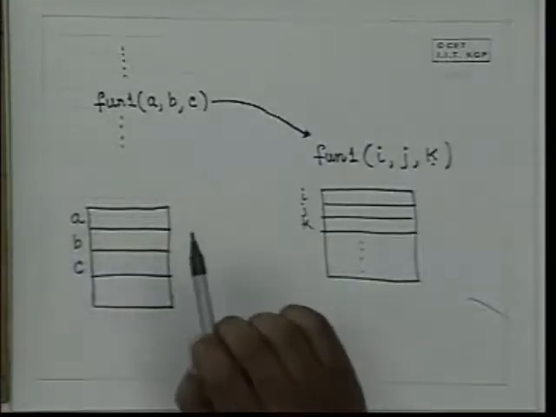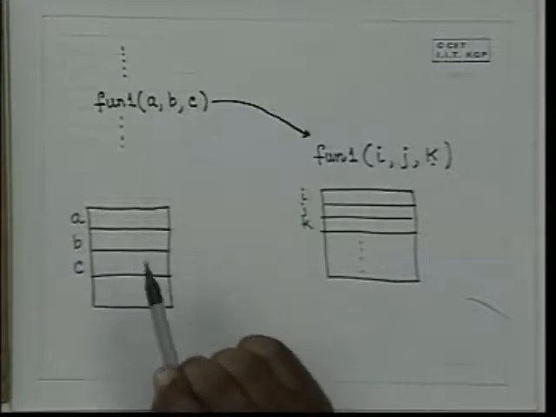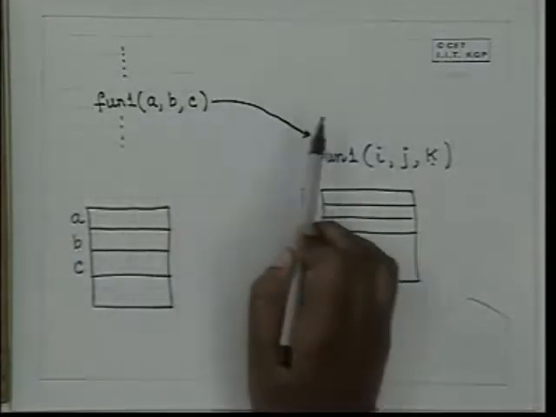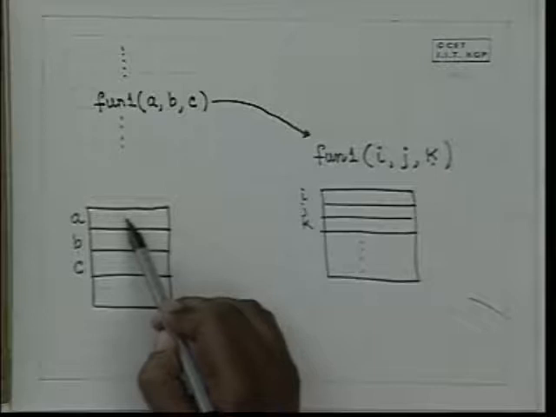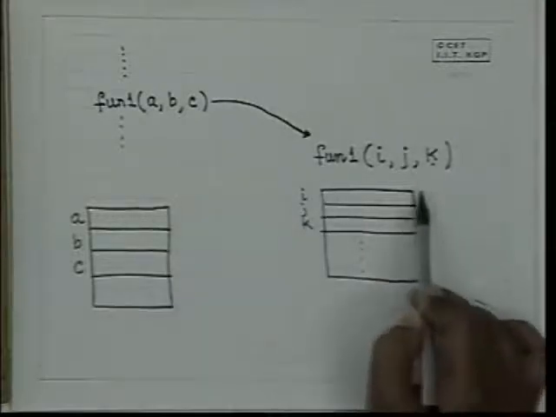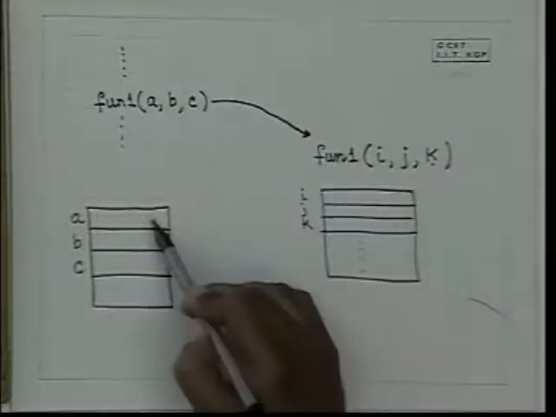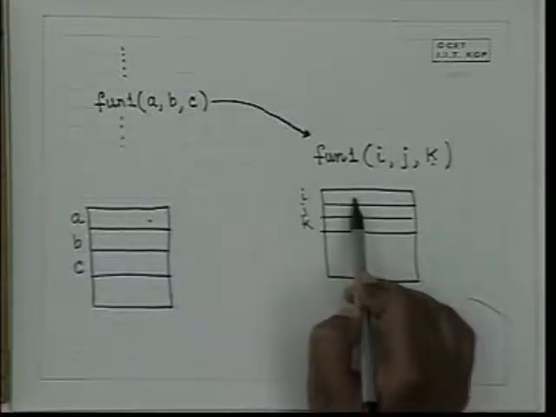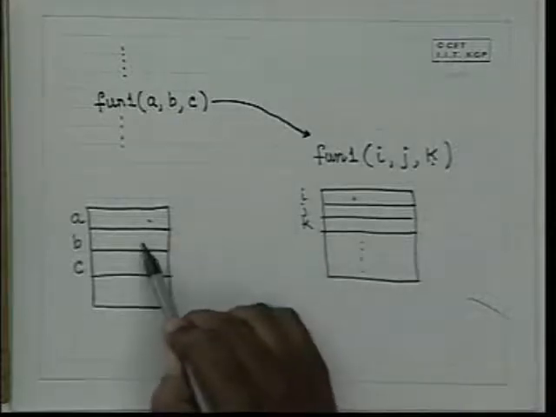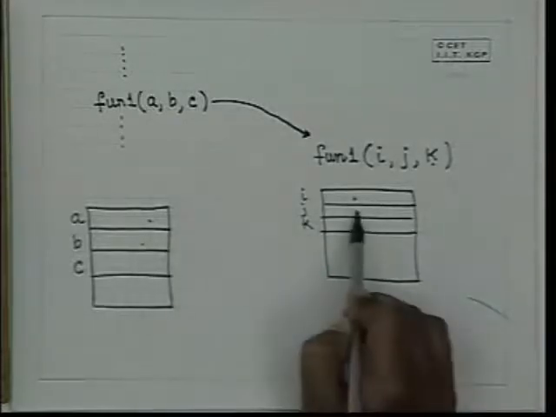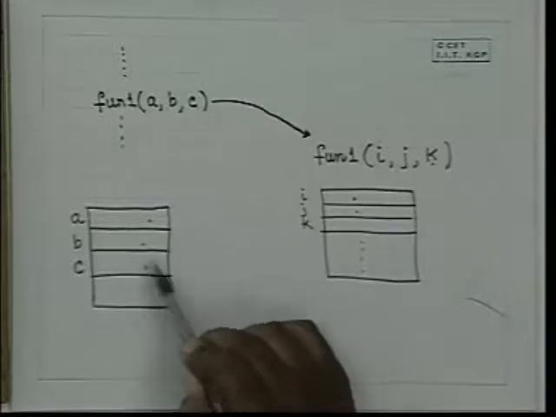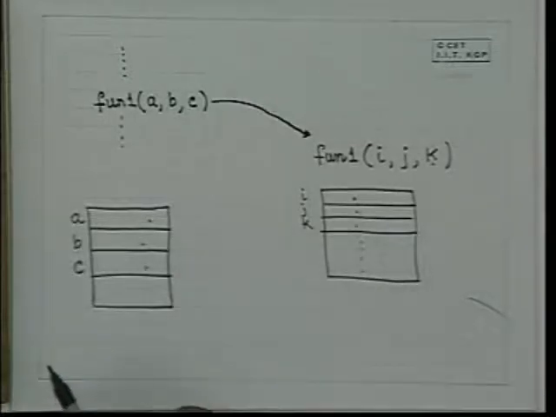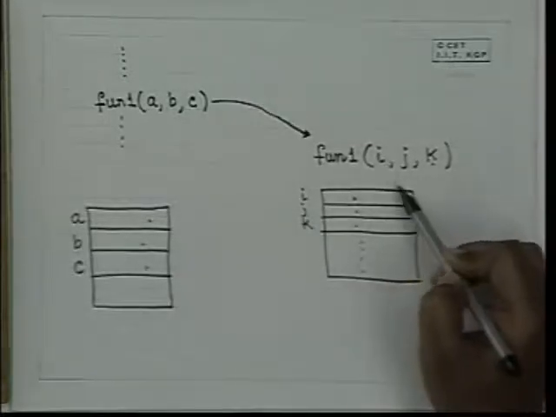In C language, this is what exactly happens. When a function is called, this memory is allocated. The value of A is copied into the value of i. The value of B is copied into the value of j. The value of C is copied into the value of k. And then this starts executing.